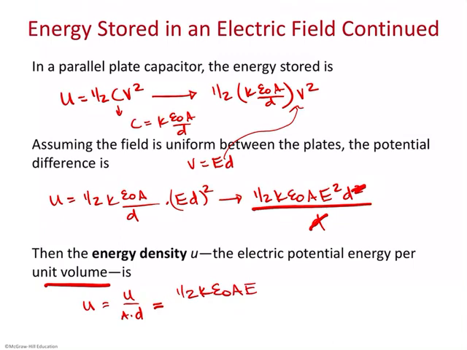So we've got 1/2 K permittivity times area times electric field squared times distance, almost forgot that, divided by the area times distance. What happens to the area? It cancels. What happens to the distance? It cancels. So the energy density is actually 1/2 K times the permittivity constant times the electric field squared.